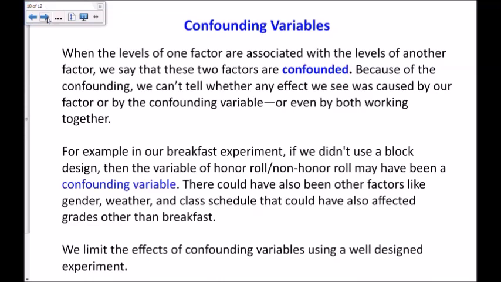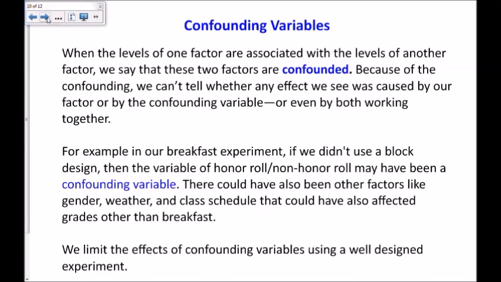For example, with our breakfast experiment, if we didn't use a block design, then the variable of honor roll versus non-honor roll may have been a confounding variable, because we don't know how that variable would have affected our study.